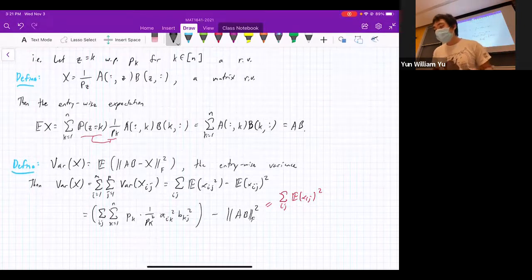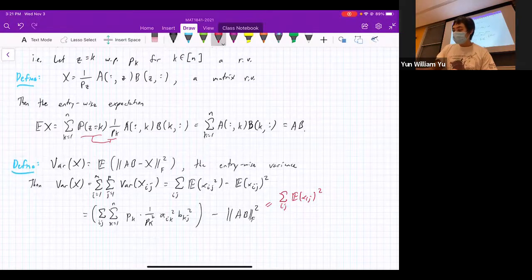No. Okay, I think I see the confusion. If you look at this thing, the Frobenius norm of AB minus X squared, that's precisely the sum over ij of (AB_ij minus X_ij) squared, right? And so that's what we're using here. Basically, we're using the Frobenius norm squared as just the squared sum of all the entries.